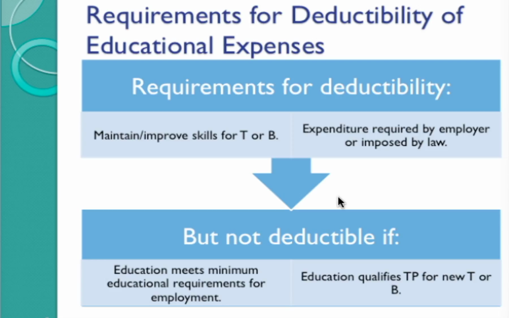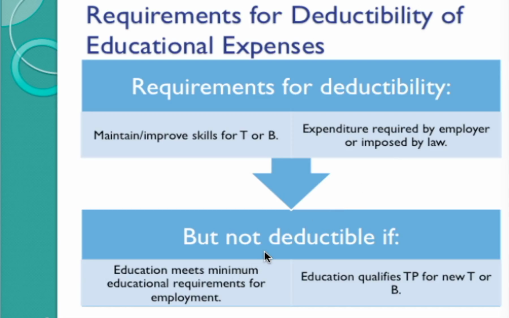But this exception provides that it basically allows you to take it as a for AGI deduction if you meet these requirements. The education must be used to maintain or improve skills for your trade or business, or the expenditure is required by the employer or imposed by law.